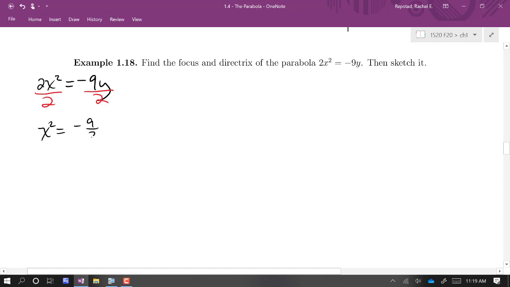I have -9/2 y. So looking at this, now it's in standard form, so I know that -9/2 is equal to 4p. And dividing by 4 tells us that p is -9/8.